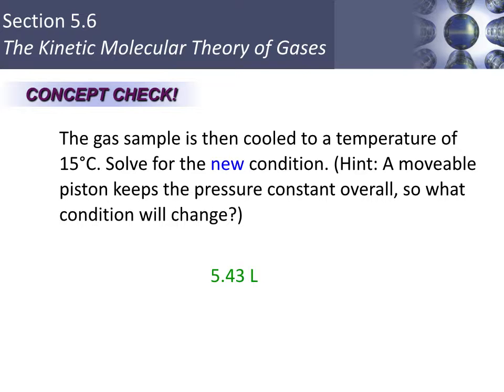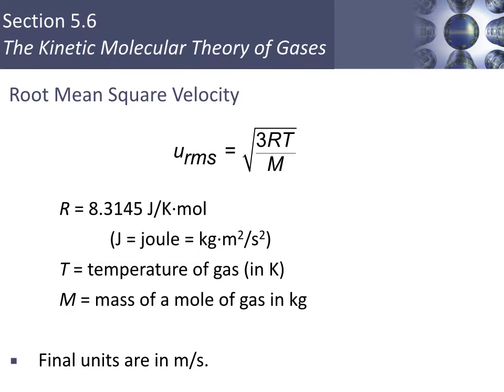So the initial volume is 6 liters over the temperature, the problem said 45 degrees. We need to convert that to Kelvin, so we'll add 273. And that will equal the new volume, which is our X, over the new temperature, 15 degrees plus 273. That'll give us 5.43 liters.